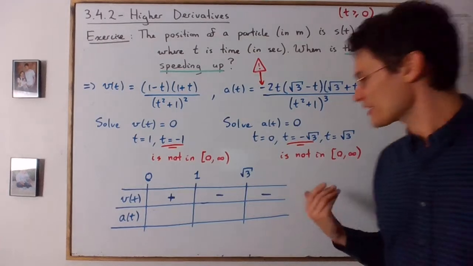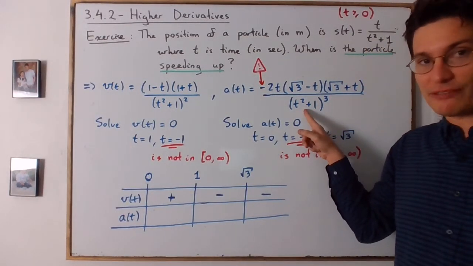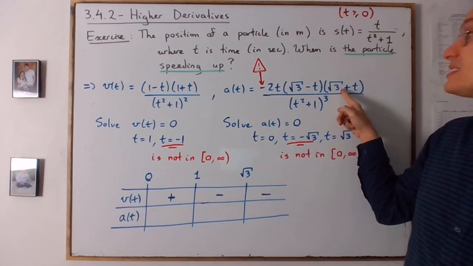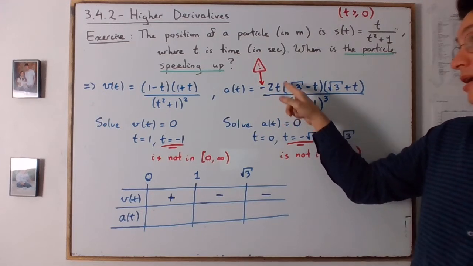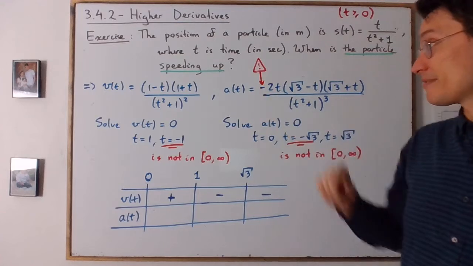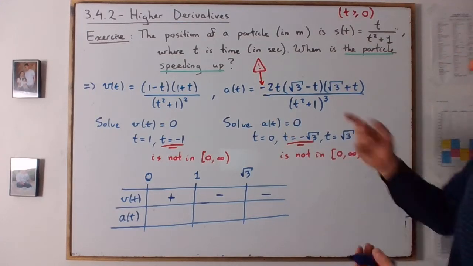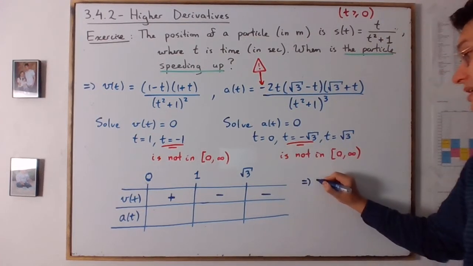If we are careful enough, we should be fine. This is always positive no matter what. This will always be positive because t is at least 0. And this will always be positive, but because of the negative here, it will always be negative. So actually, let's go ahead and distribute the negative in just to avoid making mistakes.